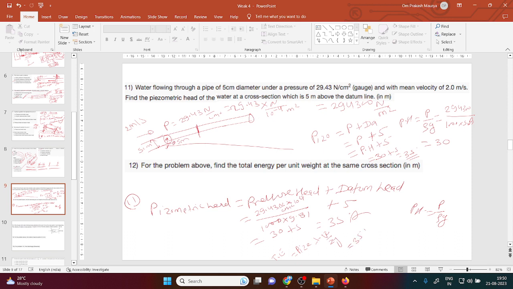That is 35, the piezometric head, plus 2 square divided by 2 into 9.81. How much? 35 plus 4 by 2 into 9.81. Let me calculate. 4 by 2 by 9.81 is 0.2. So your answer is 35 plus 0.2, 35.2 is the correct answer.